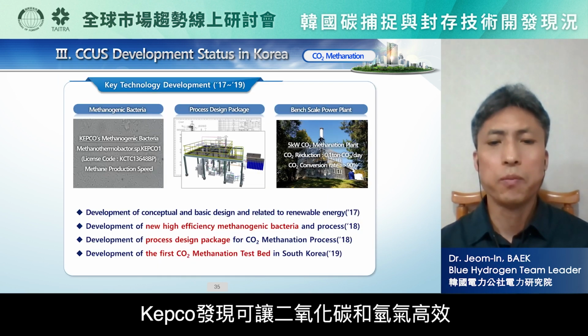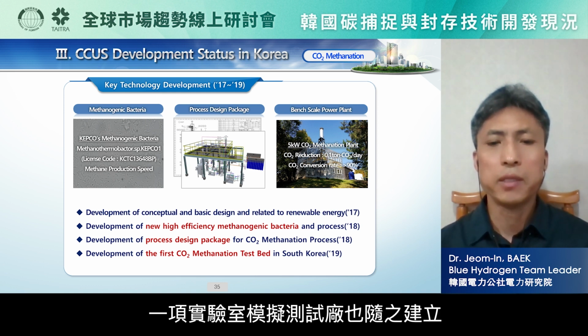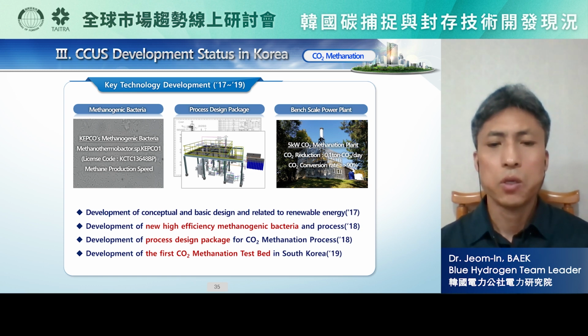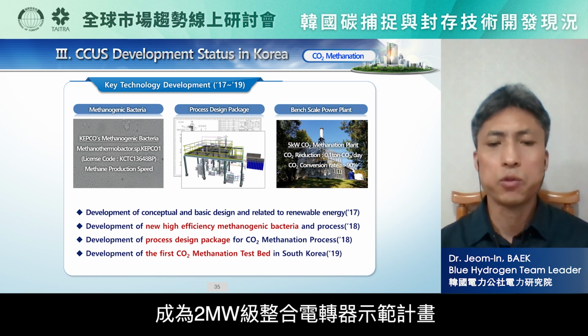KECO found new bacteria which can effectively produce methane from CO2 and hydrogen. And a bench-scale plant converting 100 kg of CO2 a day was erected and operated successfully. We are planning to scale up this process for 2 MW integrated power-to-gas demonstration by connecting it to the renewable energy.